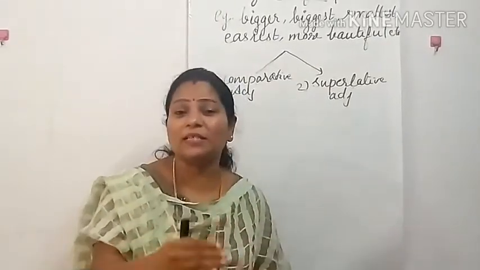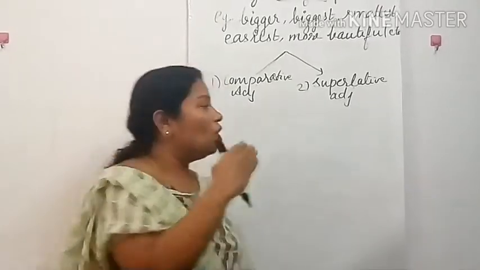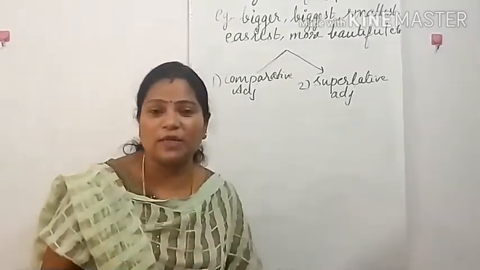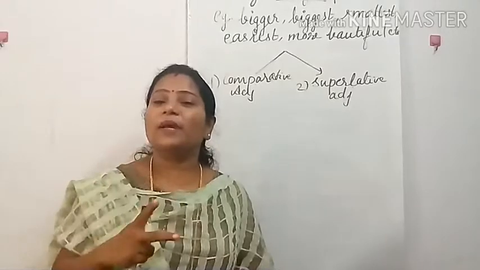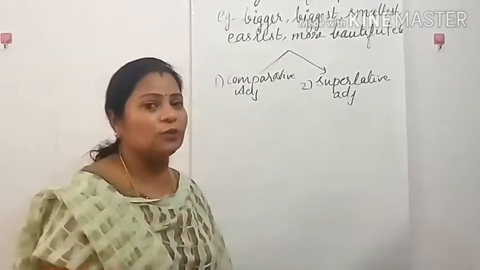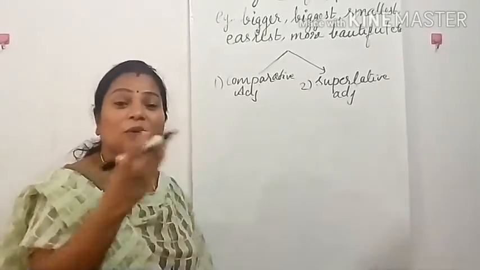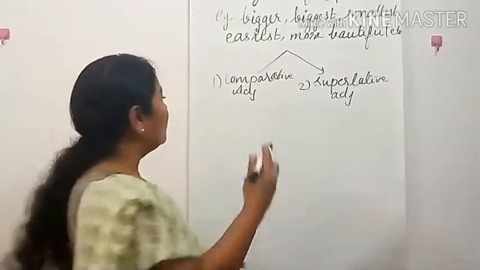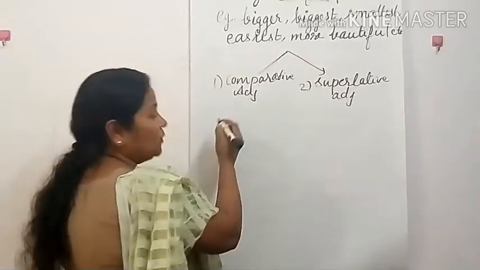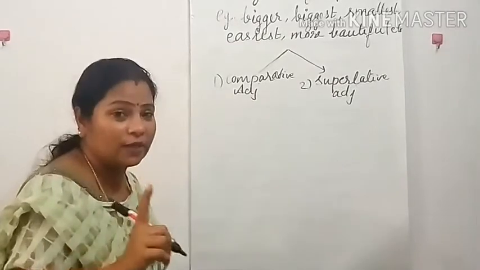Two things are there, they should be similar and you are comparing. Maybe they belong to the same category. So comparative adjective means you are comparing two similar things.